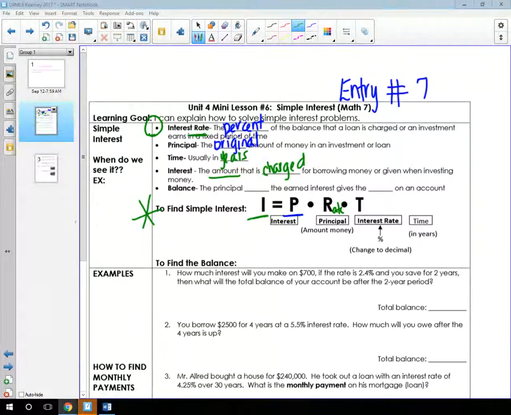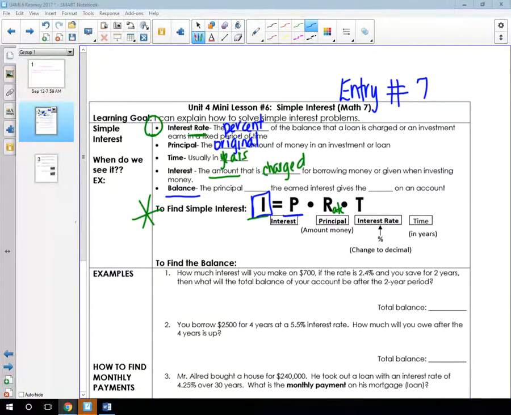Okay, and then sometimes the problems may ask you to find, instead of the I, which is the interest, the balance. Balance is after all those years. If you borrow money, let's say you wanted to buy that car, and you borrowed money from the bank, the balance means the final total that you owe them. So remember, you've got to pay the bank back what you originally borrowed plus the interest.